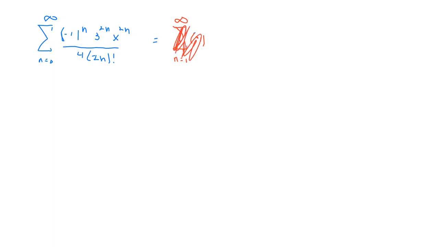Maybe what I'll do is write it below. I think it'll be a little easier. That's right, Nathan. Yeah, we'd have -1 to the n-1 power. We'd have 3 to the what power?